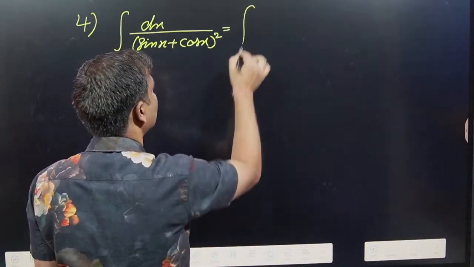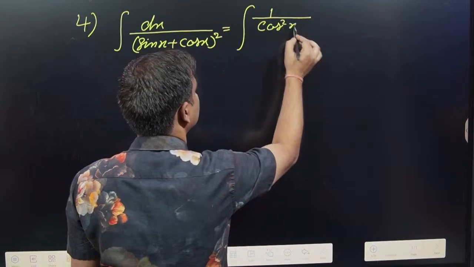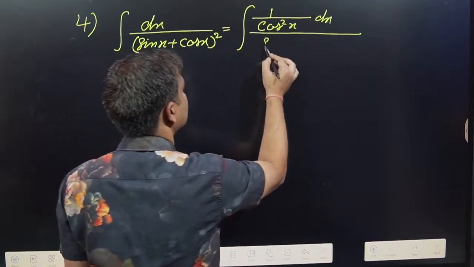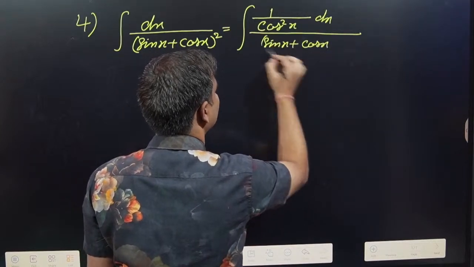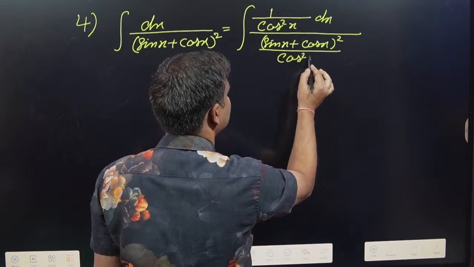First, divide the numerator and denominator by cos square x. So here, (sin x plus cos x) to the whole square divided by cos square x.